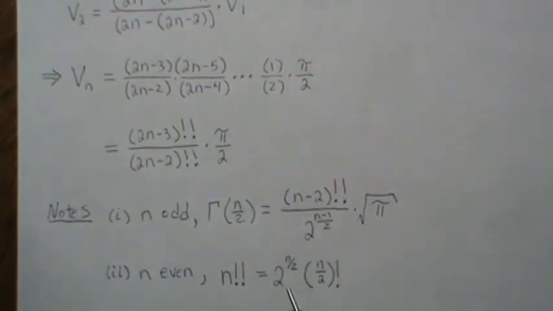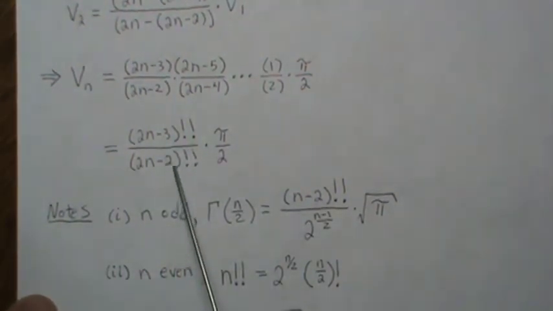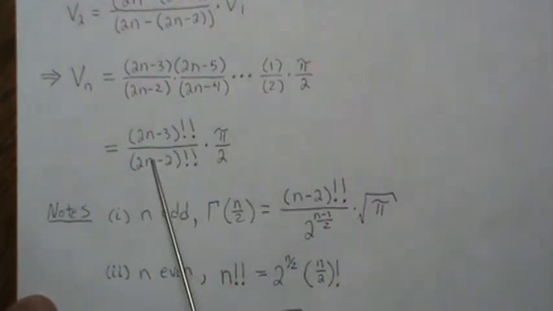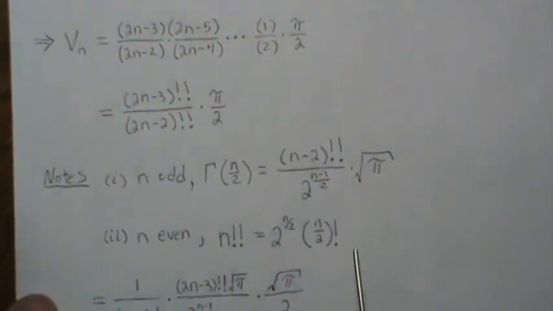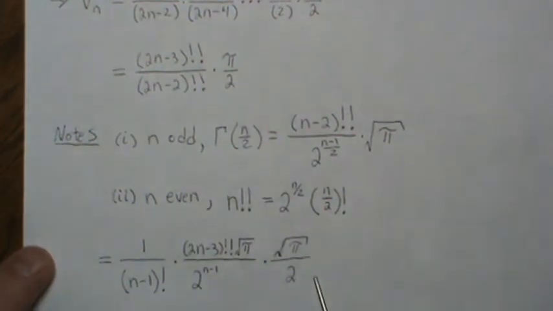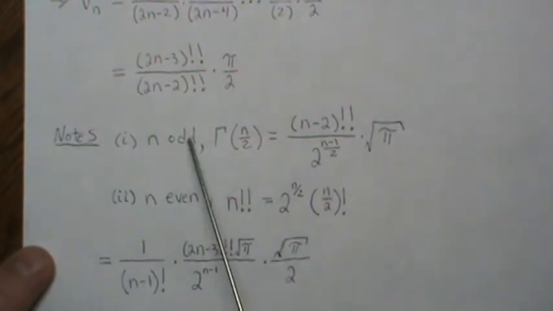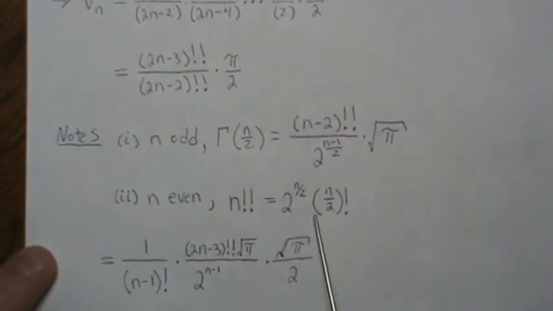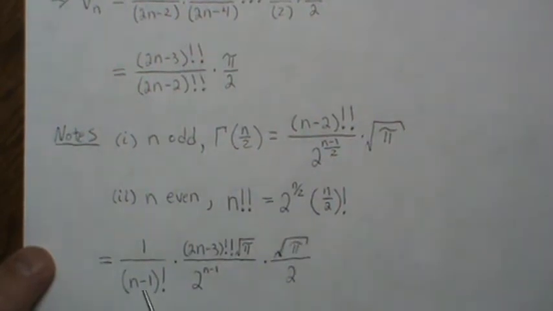So we're going to use these two pieces. This bottom part is an even number, right? So we can replace it with this quantity. And so let's do that. So for pi over 2, we're going to write square root of pi, and then we have 2. And this part here, using this formula, is this.